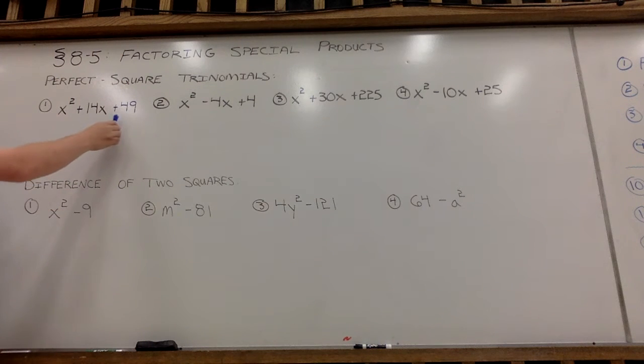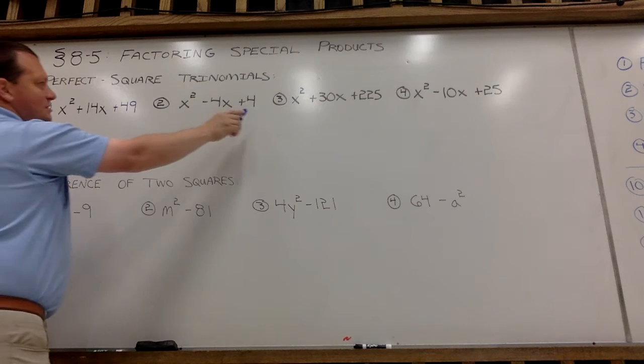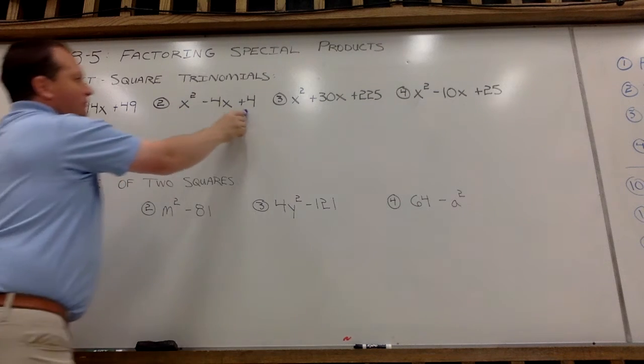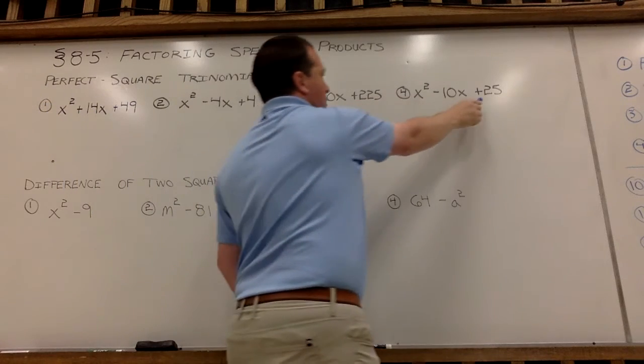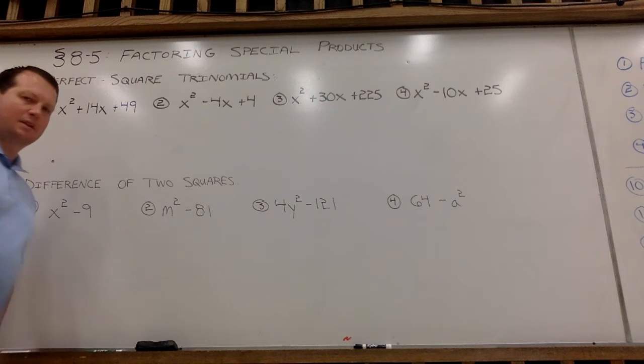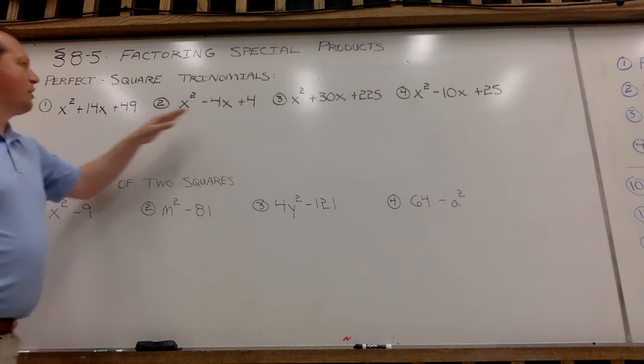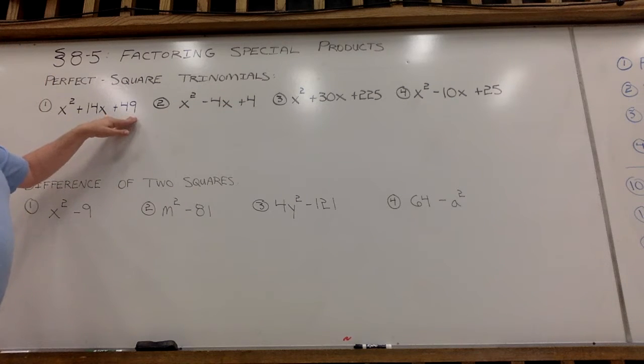Now, the reason these are perfect square trinomials is if you look at the last number, 49, 4, 225, 25, all of those values are perfect squares. So that's going to be our tip-off. Remember, if you take the square root of a perfect square, it's a whole number.